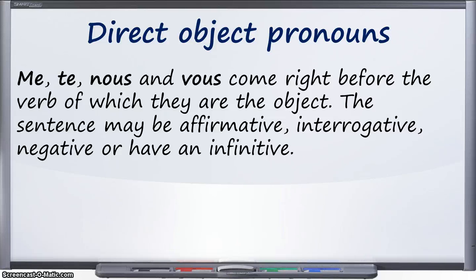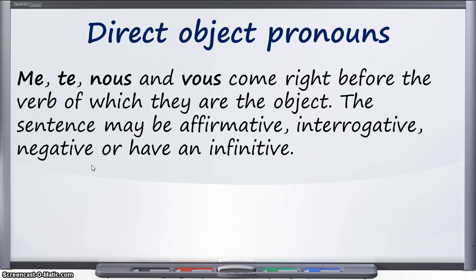I'm going to go ahead and show you some more examples, for you to understand that you can use direct object pronouns in different types of sentences. The sentence may be affirmative, interrogative, meaning that you're asking a question, negative, or infinitive.